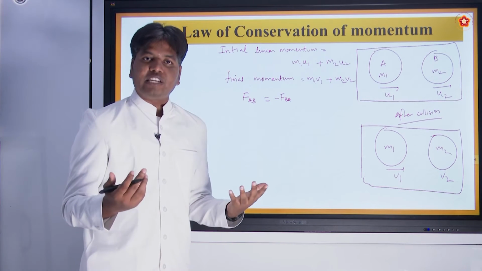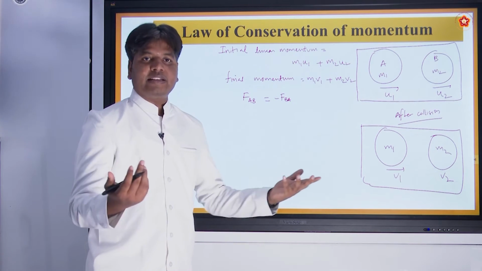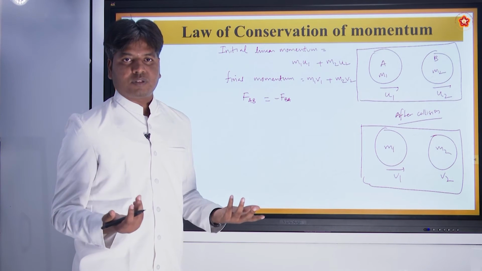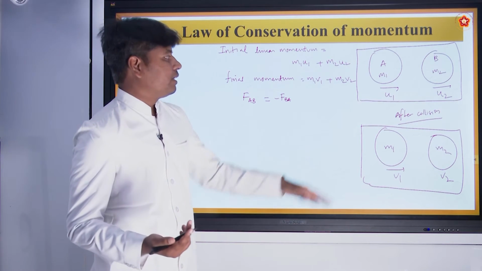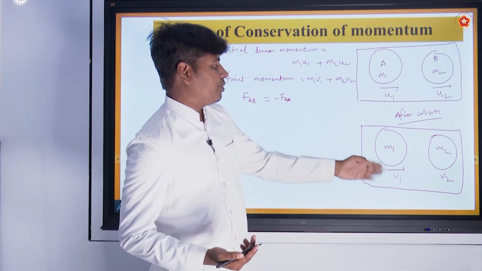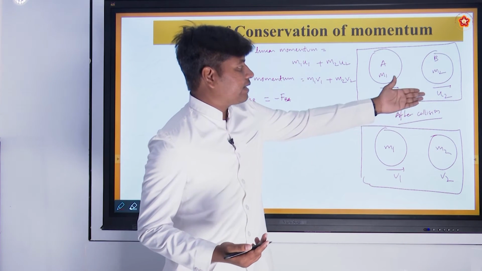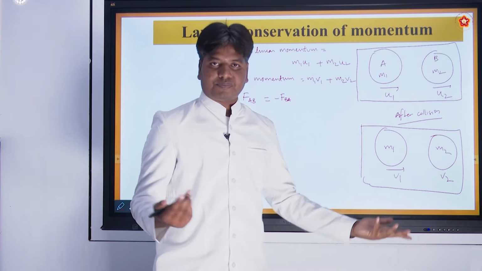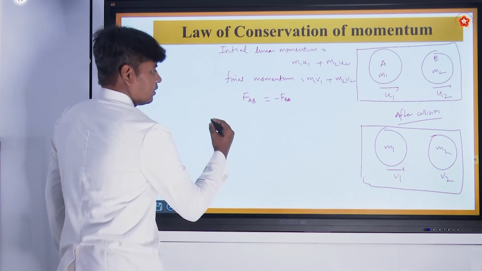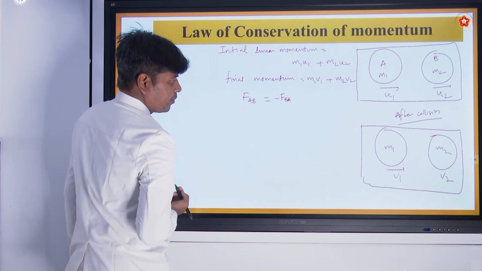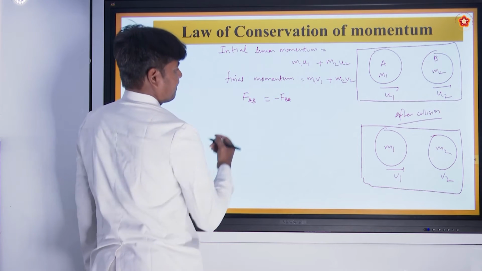Okay. So what is this force on A due to B? It is nothing but the change of momentum of A in the interval of time t. Let us suppose it changed its velocity from u1 to v1. In the same time interval, it changed the velocity u2 to v2. So what will be the change of momentum of body A?